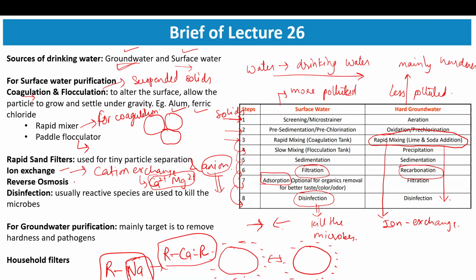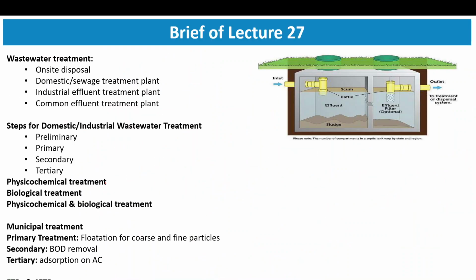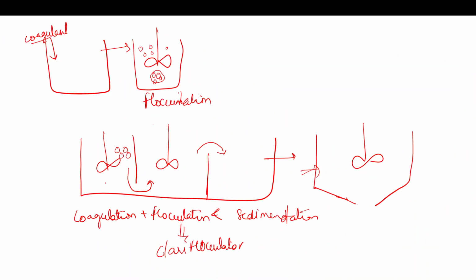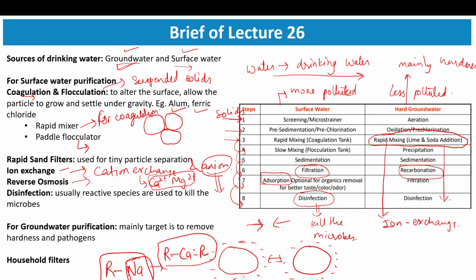Now further, for purification, if any different complex molecules are present and they are not removed by this, then RO can be used. RO is a membrane which separates the molecules which are present in water.